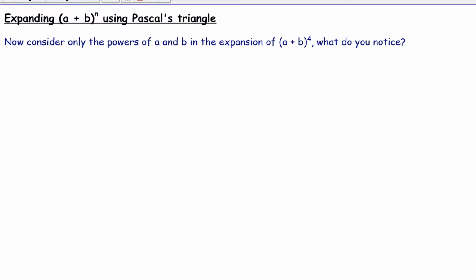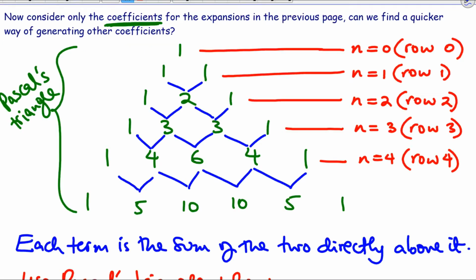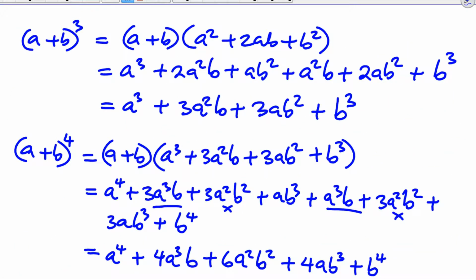Now, the first thing that we have to do here is basically to look back at what we did and try to look at some patterns that will help us to generalize some observations. So previously, we found out that (a + b)^4 is given by this expression.